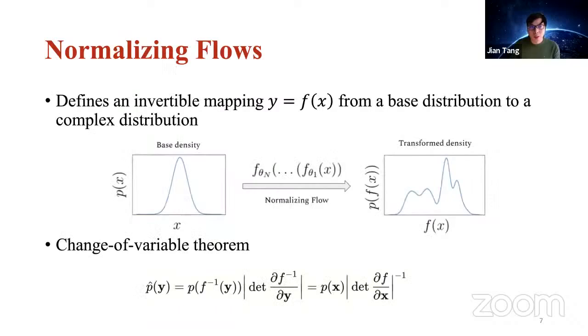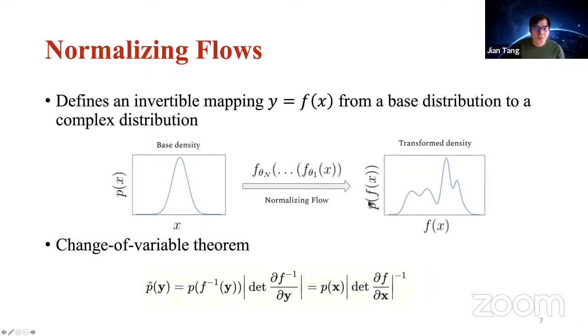Okay. So let's have a quick look. What is normalizing flow? Why is it so powerful? Basically, normalizing flow defines an invertible mapping from a base distribution to a complex distribution. Usually the base distribution could be as simple as a Gaussian distribution, and the complex distribution is usually the distribution of real observation data, like images, or in this case the distances between the atoms of the molecule.